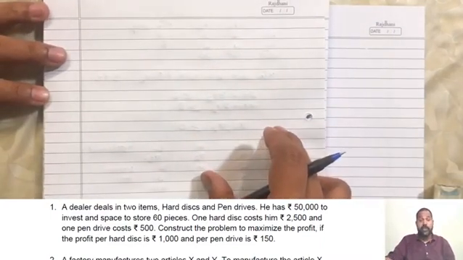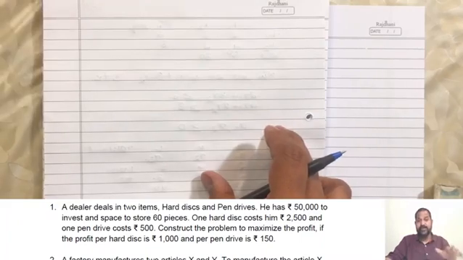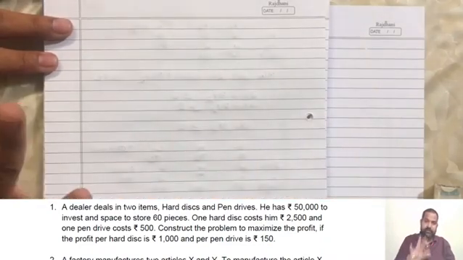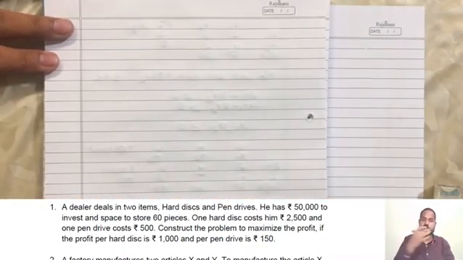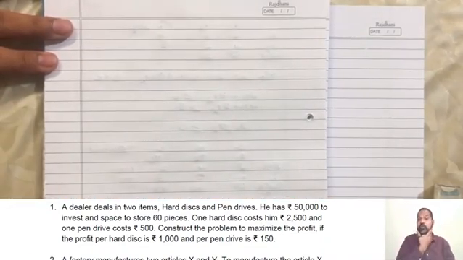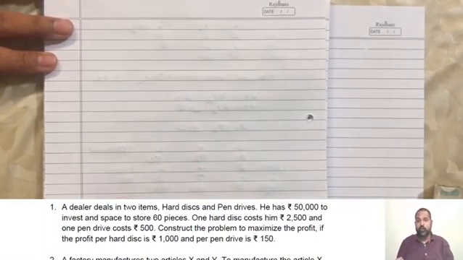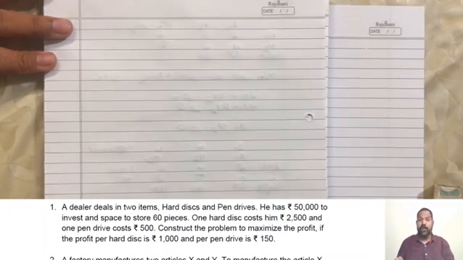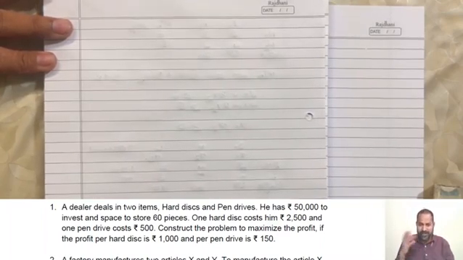He has rupees 50,000 to invest and a space to store 60 pieces. A hard disk costs rupees 2,500 and a pen drive costs rupees 500. Construct a problem to maximize profit.